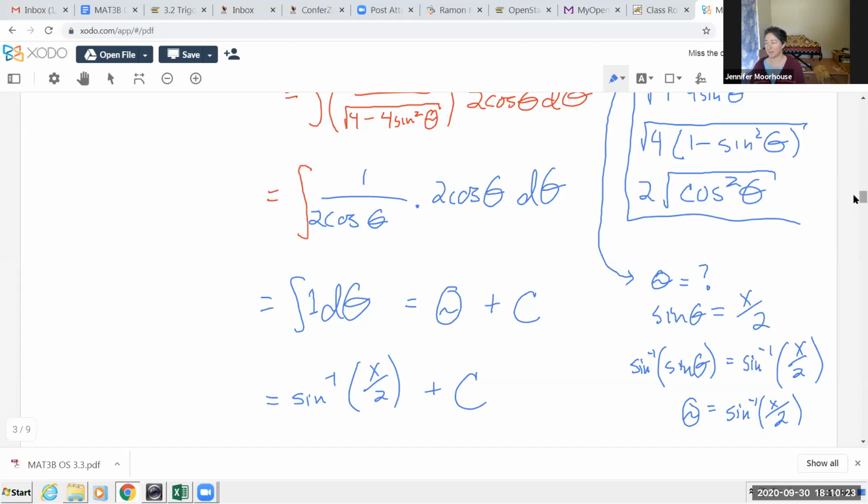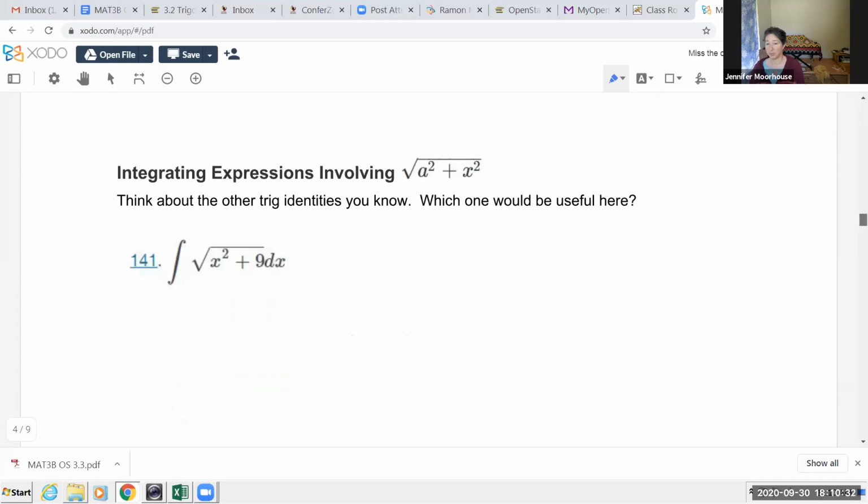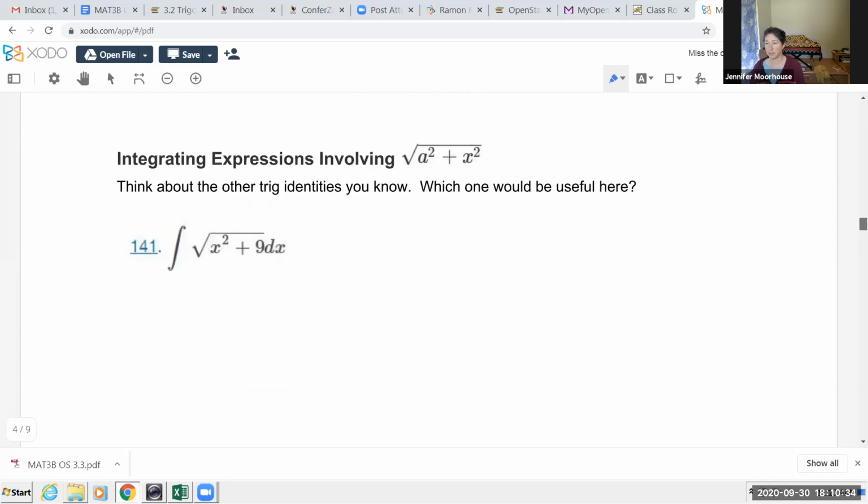And those aren't the only types of integrals that we can solve using trig substitutions, but we're going to need some different trig substitutions. So for instance, if we have the square root of something squared plus x squared, and we want to integrate something like this, you want to think about the other trig identities that you know.